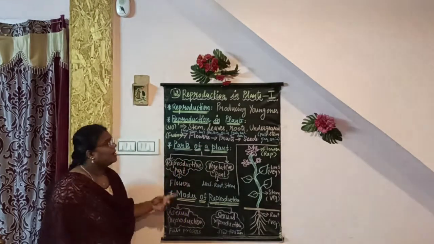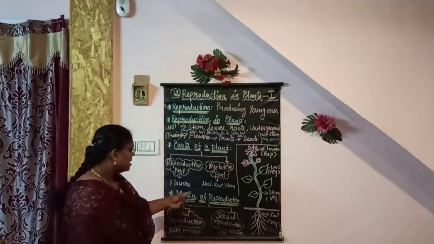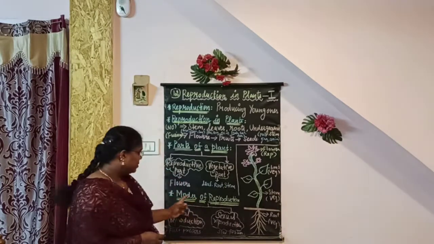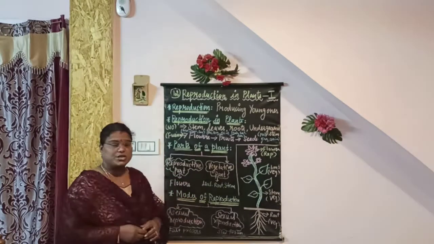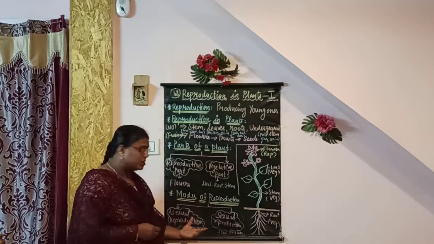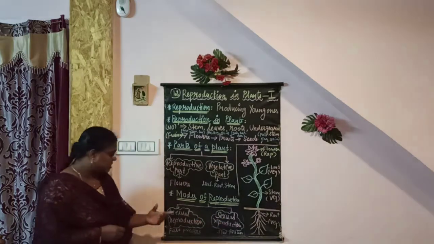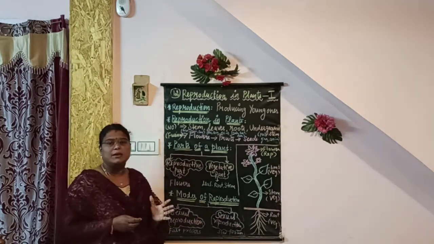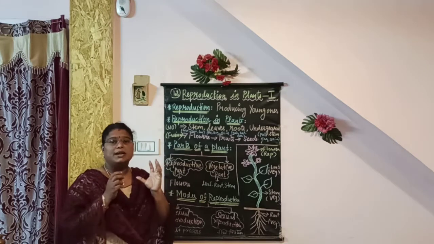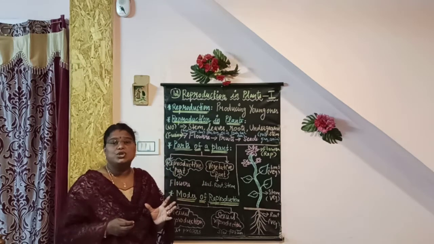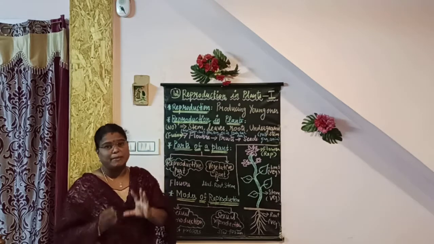And the last topic under this part is modes of reproduction. There are two modes of reproduction. One is asexual reproduction and another one is sexual reproduction. Asexual reproduction is nothing but reproduction that takes place without the fusion of male and female gamete.